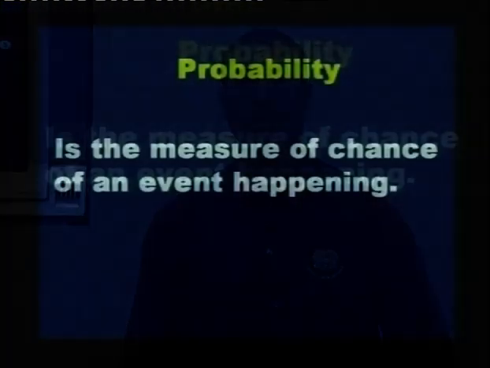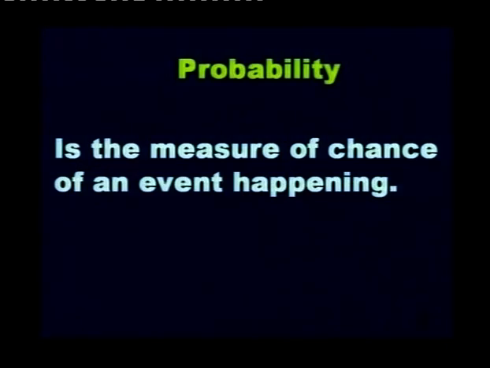So before we go on to our activity, I'd like you to look at the definition for probability. On the screen, let us look at the meaning of the word probability. Probability is the measure of chance of an event happening. I'd like you to quickly copy down that definition before we go to our activity.